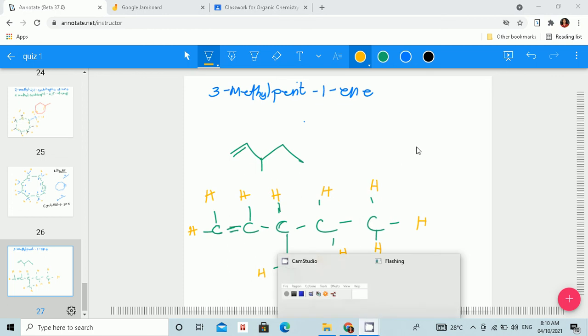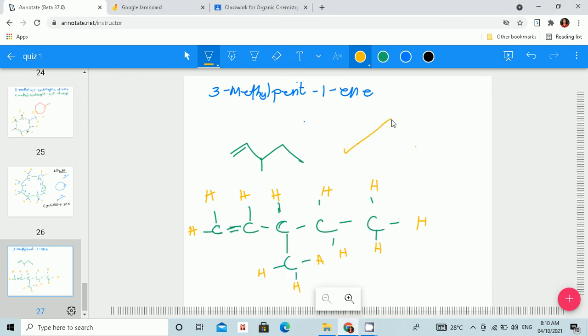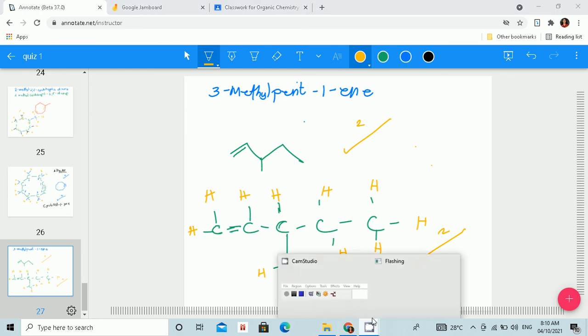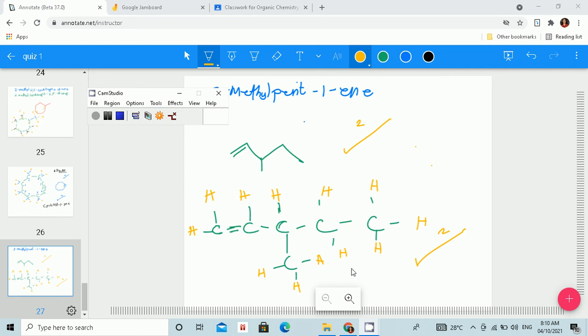Okay, so please check your work, class. And this one is 2. This is for the naming of cycloalkanes, alkenes, and alkynes. Okay, that's all for today, class. For our wrap up, when we have a triple bond, we have an alkyne.